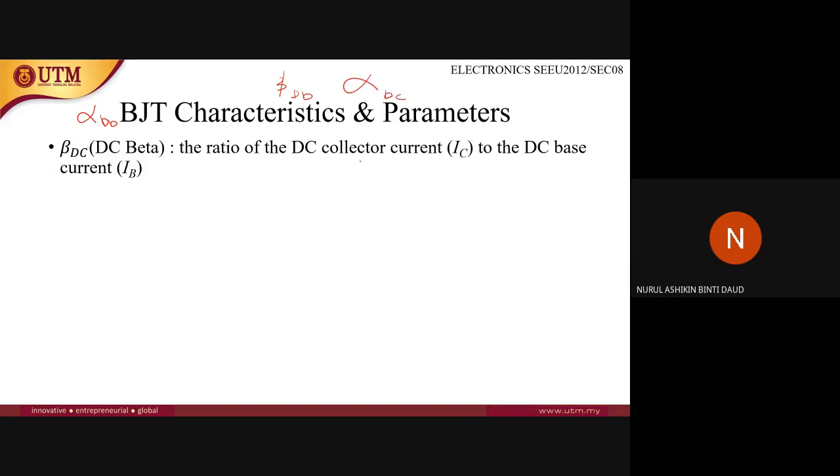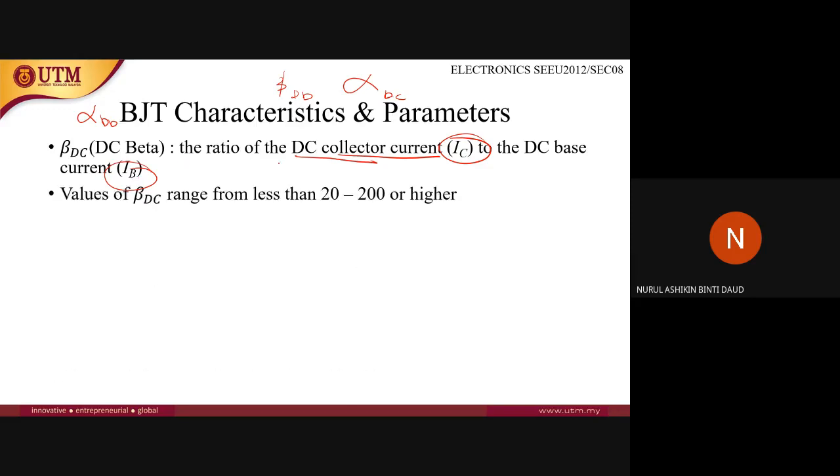What is the difference between beta DC and alpha DC? Beta DC is the ratio of the DC collector current, the current that comes out from the collector, to the DC base current.